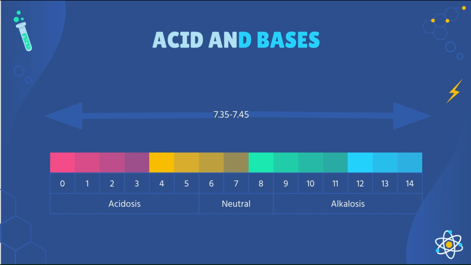The higher it is on a pH scale, the more basic something is. The same concept applies in blood pH, as I mentioned. If it's below 7.35, the blood is in a state of acidosis. If it's above 7.45, the blood is in an alkalotic state, and within the reference range, it's neutral.